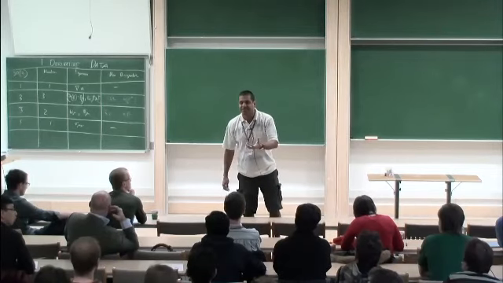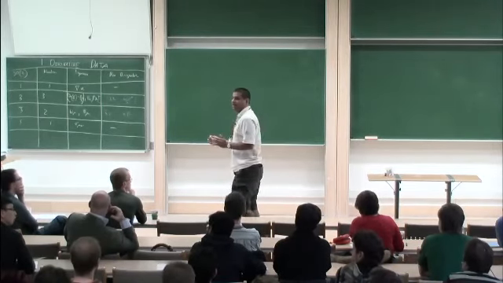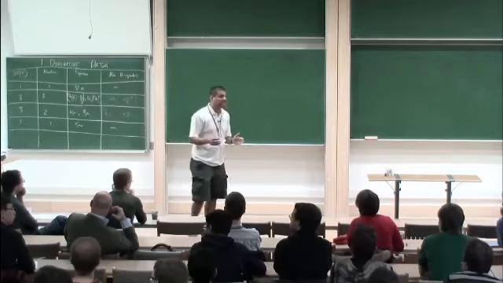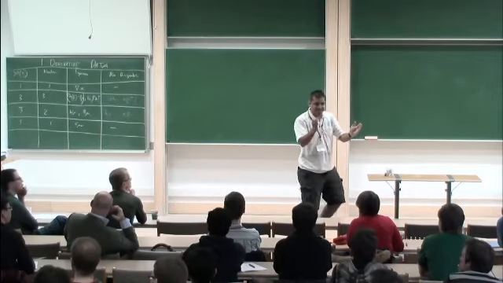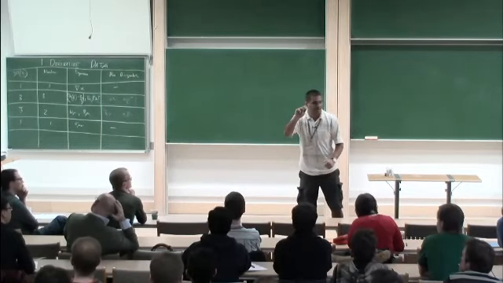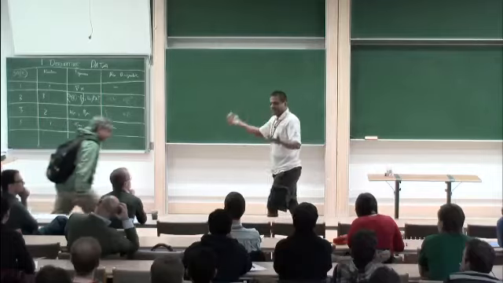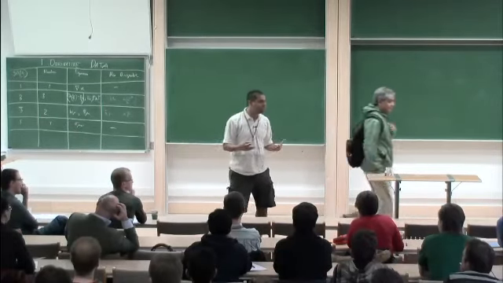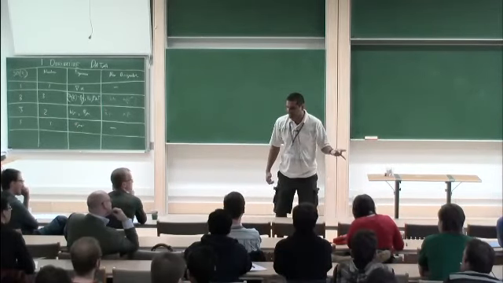In order to specify the stress tensor pi mu nu, we needed to specify one tensor and one scalar under the preserved SO3. In order to specify the charge current, we needed to specify one vector.